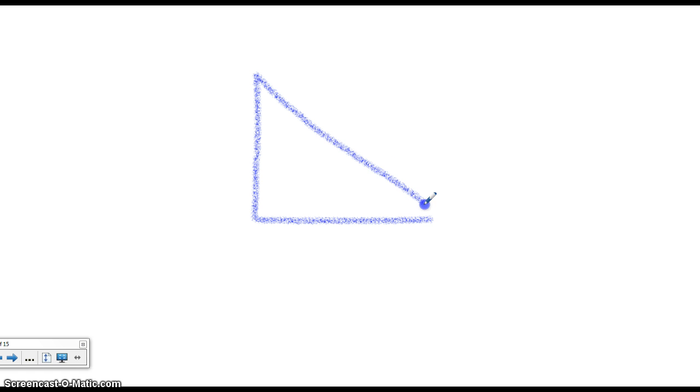Alright, so some of you may be feeling a little overwhelmed. It's okay. This is brand new to some of you. Here is what I'd like to review. These are your key concepts that will help you be successful. When you're looking at a right triangle, I need you to be able to recognize the hypotenuse right away.